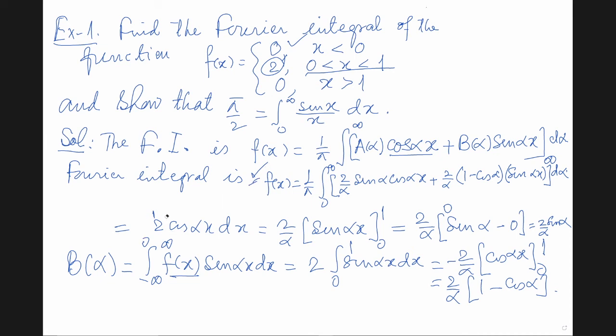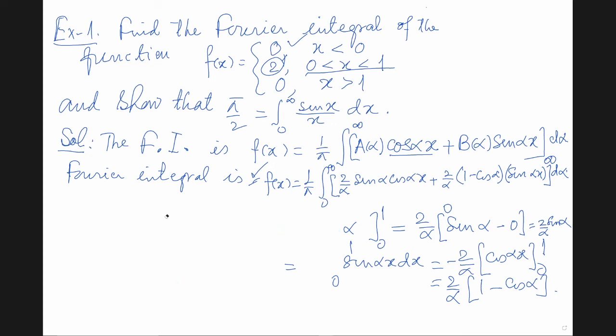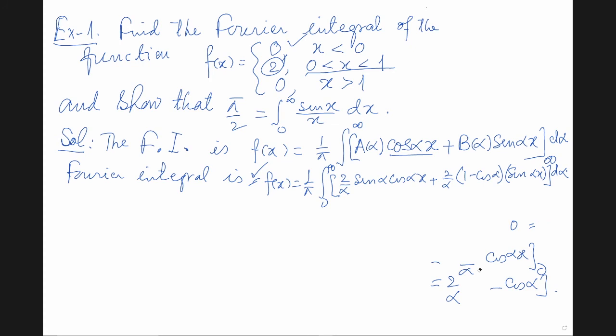Now the next part is to show that. Before showing that, we need to work a little more. Look, the integration is with respect to alpha. Therefore, alpha I cannot take out.